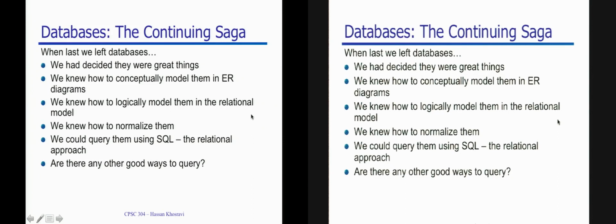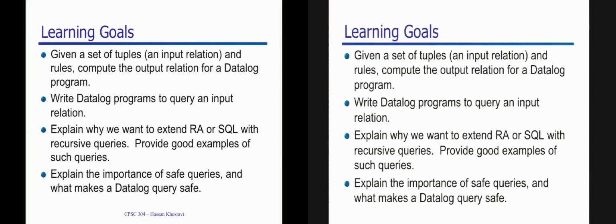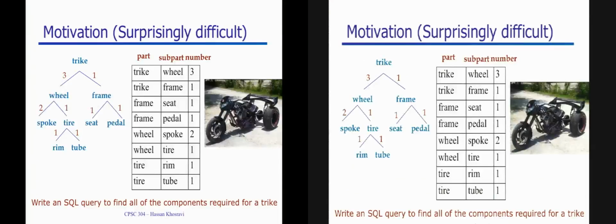And now the question is, are there any other ways that we can query that data? So right now we know relational algebra as one language, and we know SQL as another. This is the third and the final one that we're going to look at. And there are some learning goals for the chapter that you can view.